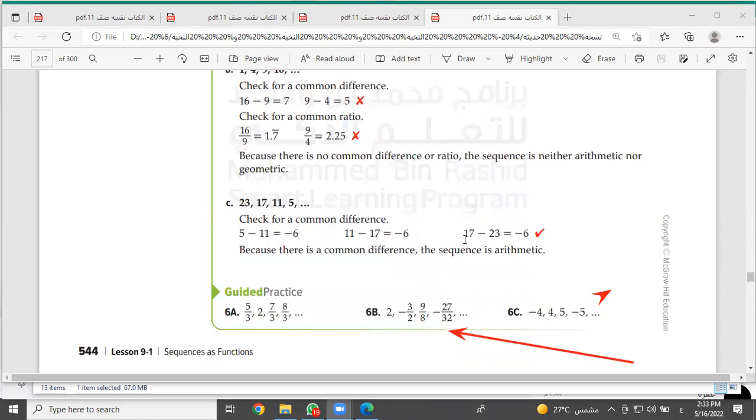But we have to check another term: 17 minus 23 equals -6. As we proved, the difference between any two successive numbers is constant, which equals -6. So it is an arithmetic sequence because the common difference is -6.